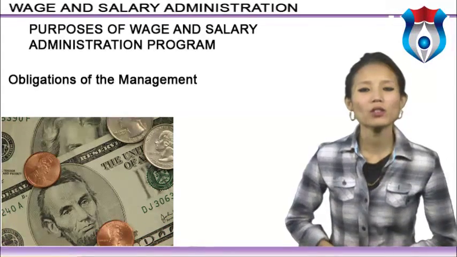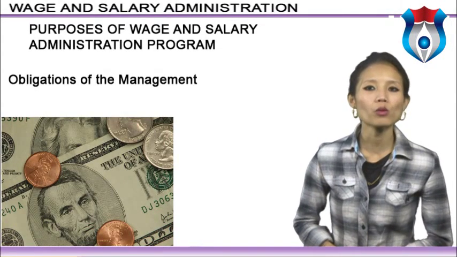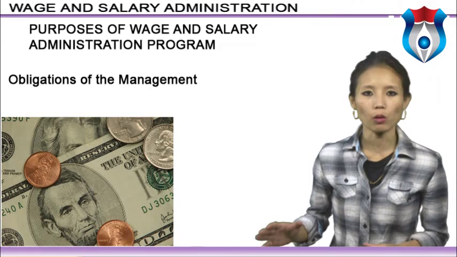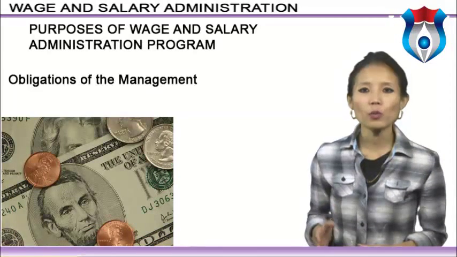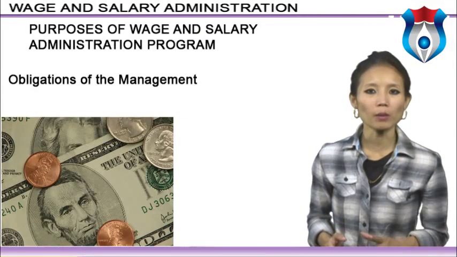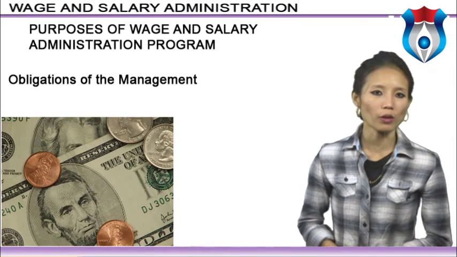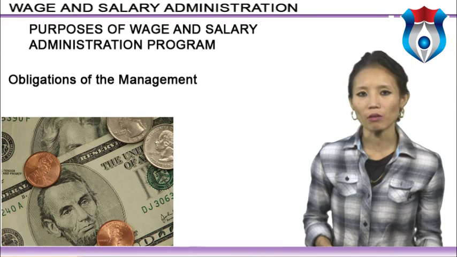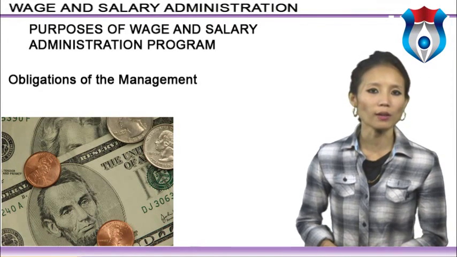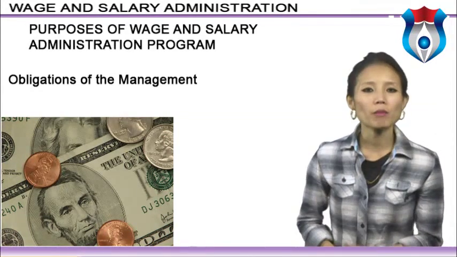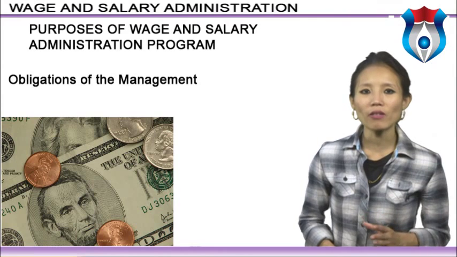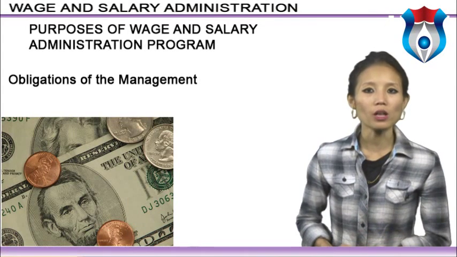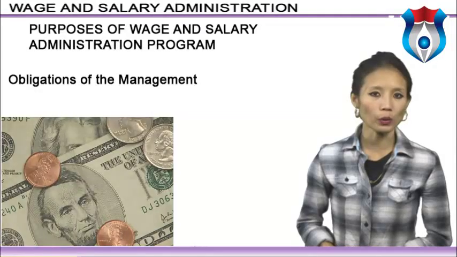Obligation of the management. The Payment of Wages Act 1936 has imposed a number of obligations on employers. Basically, the management has 6 obligations regarding the payment of wages and salaries to its employees. The management must fix a time to pay wages and salaries. This period must not be longer than 1 month. The management must pay within 7 days of the wage period if the number of employees is less than 1,000.